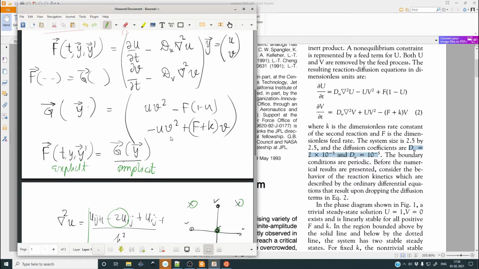In this case, the Jacobian will actually be a shifted Jacobian. Sorry, we're going to create the Jacobian not for the nonlinear part but for the linear part. So in this case, it will be del F del Y plus del F del Y prime. So you're going to construct this Jacobian. It's called a shifted Jacobian.